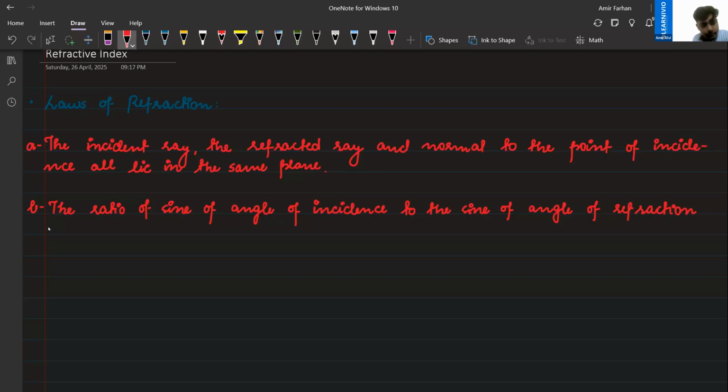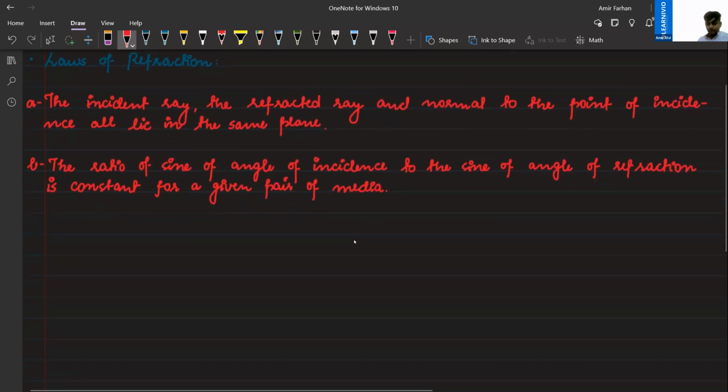Is constant. Hence, sine i over sine r is constant for a pair of media. Okay. Clear, everyone?